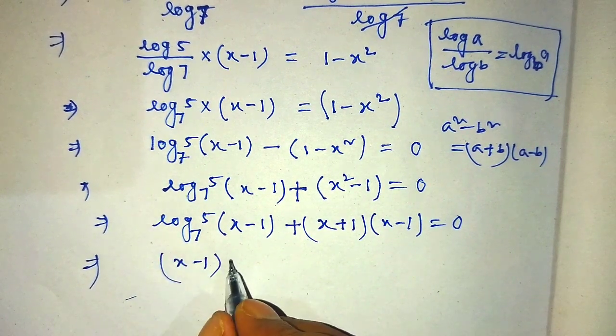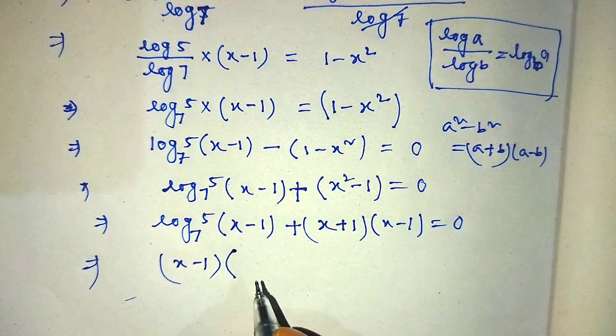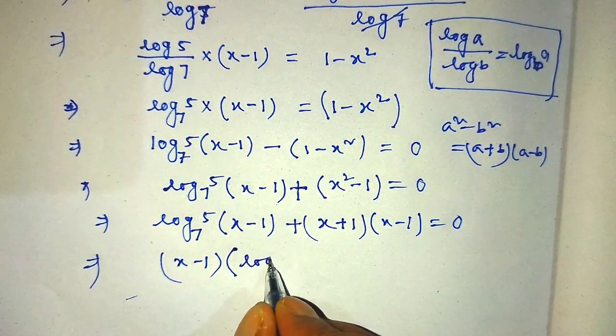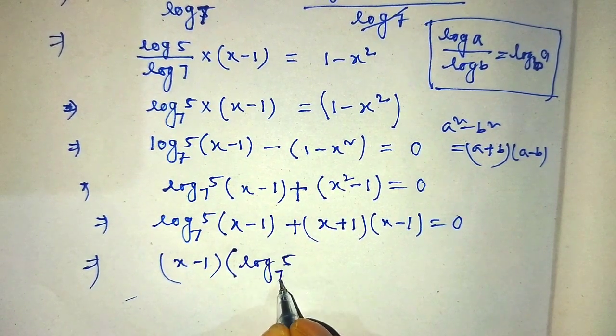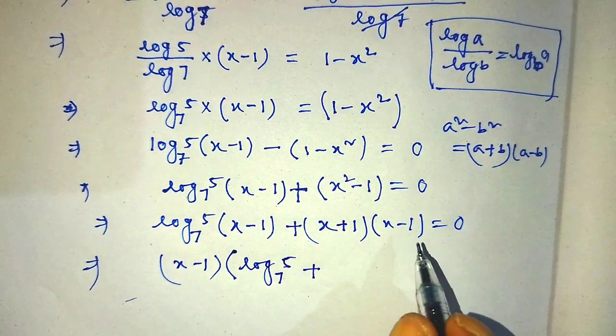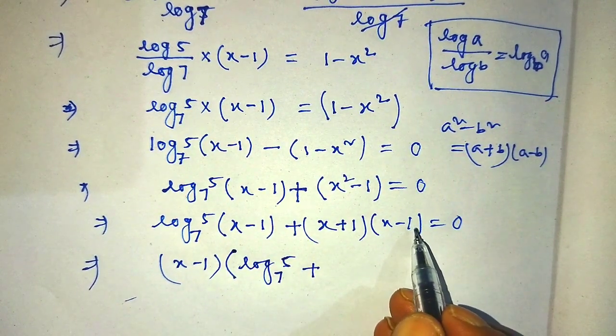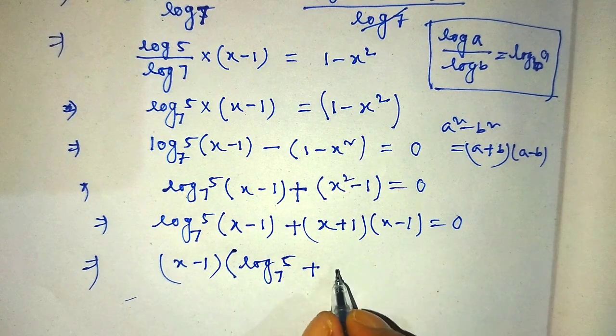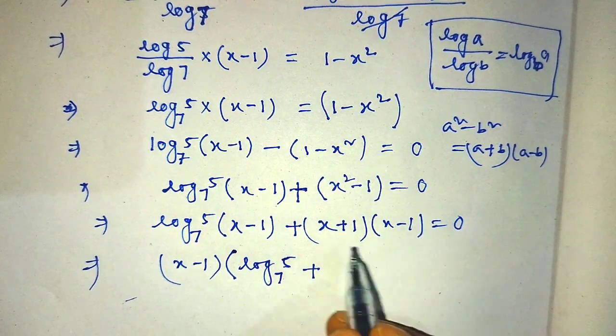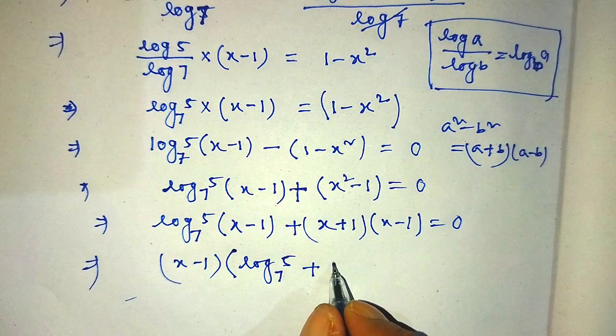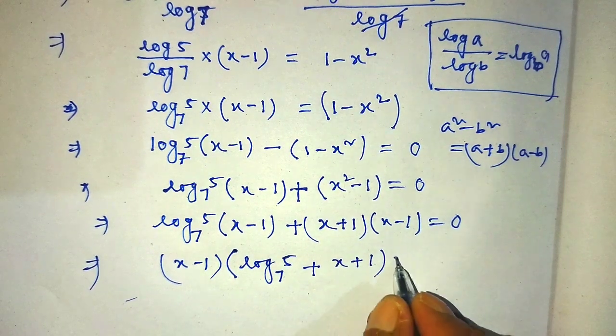Inside the first bracket we write log of 5 to the base 7 plus x plus 1 is equal to 0.